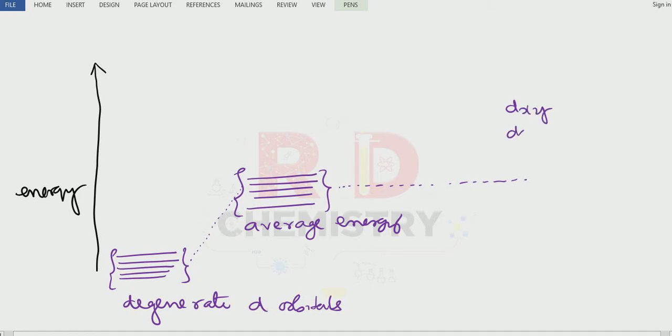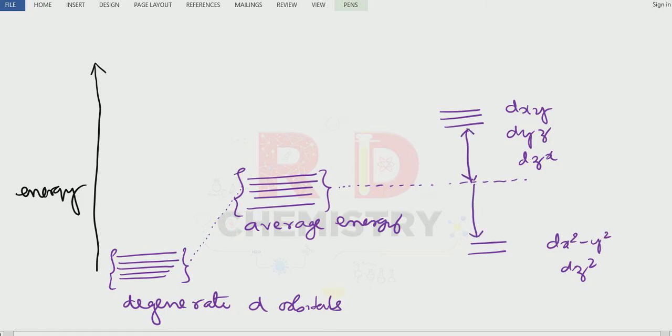Now dxy, dyz, dzx, which are in between the axis, will repel more. Then dx square minus y square, dz square will repel less. So from the average energy, these three will increase in energy, and from the average energy, these two will decrease in energy. The total energy difference is taken as delta T. Delta stands for energy gap, T stands for tetrahedral.